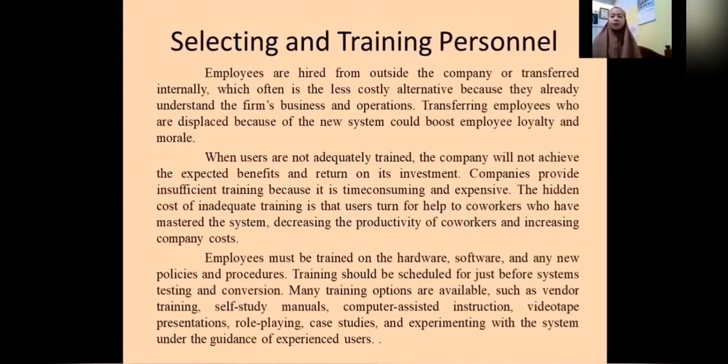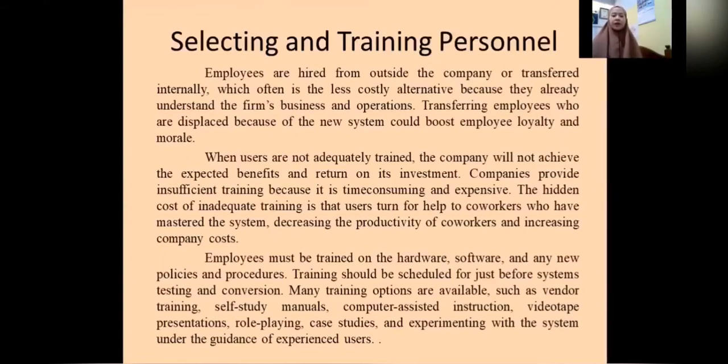Transferring employees who are displaced because of the new system could boost employees' loyalty and morale. When users are not adequately trained, the company will not achieve the expected benefit and return on its investment.